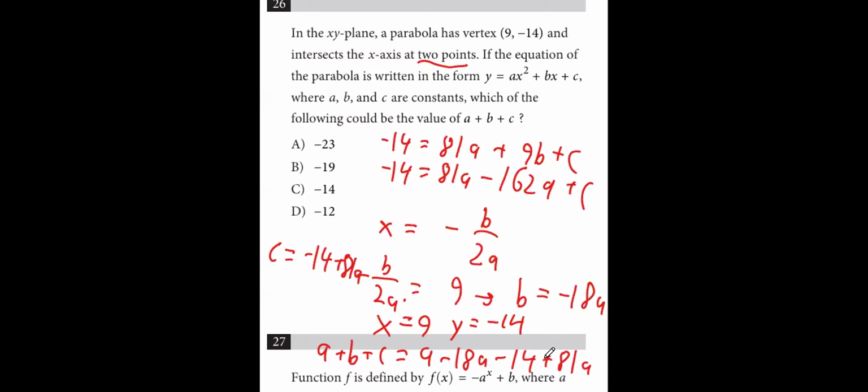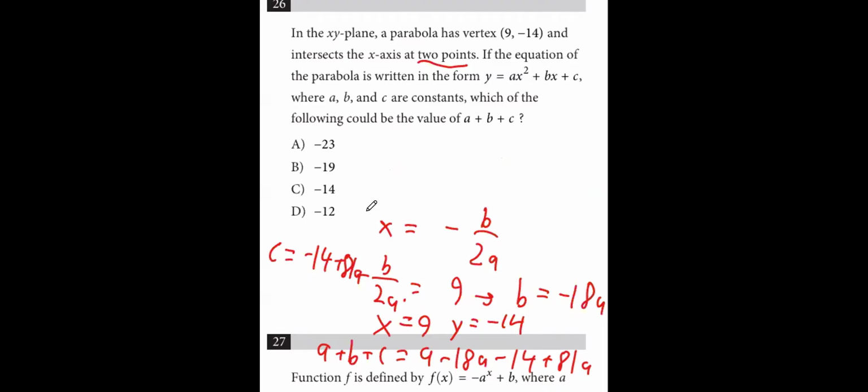So now, instead of working with 3 variables, we've narrowed it down to only one variable, which is a. Now we just have to solve for a. So we have a minus 18a plus 81a. 1 minus 18 plus 81 is equal to 64. So we have 64a minus 14.